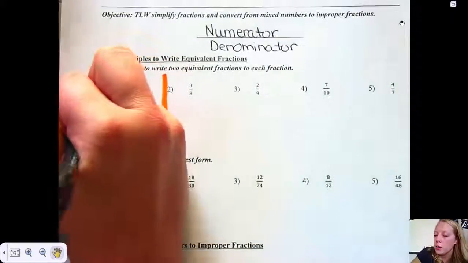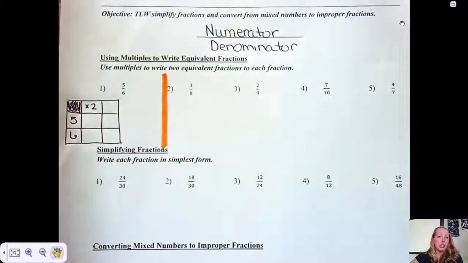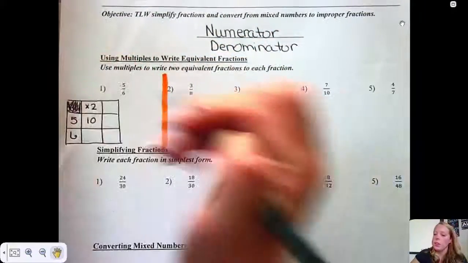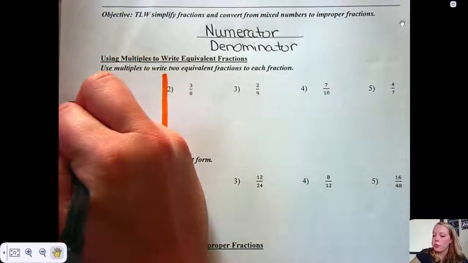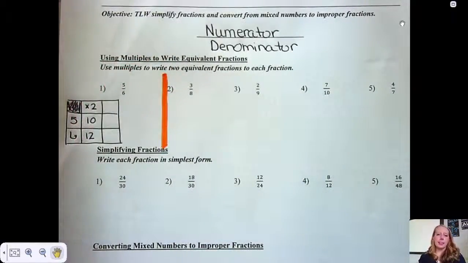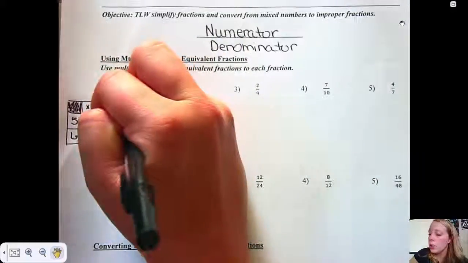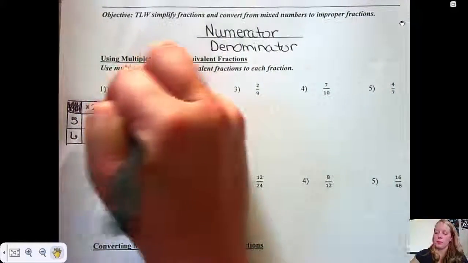In this box, we're going to multiply each of them by 2. So 5 times 2 would give you 10. 6 times 2 would give you 12. So 5/6 is the same thing as 10 over 12. That's one equivalent fraction.